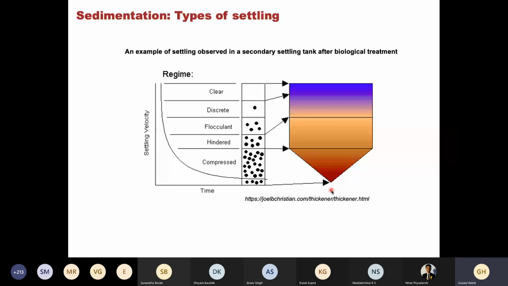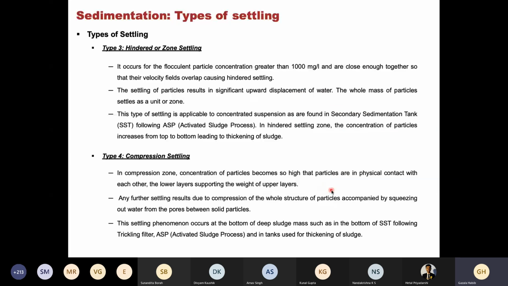The other two types of settling are written here. Type 3, which is hindered or zone settling, happens when the concentration of particles is high, greater than 1000 mg per liter. In that case, what will happen? The particles will hinder each other, affecting the velocity or the settling profile of each other. Settling of the particles results in significant upward displacement of water. The whole mass of particles settles as a unit or zone.